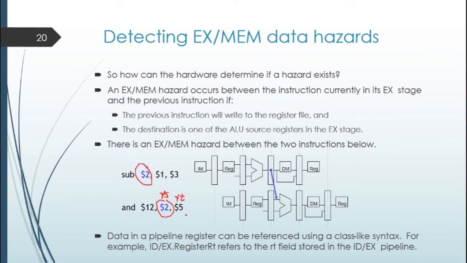Which hazard? It will be either an EX/MEM hazard. An EX/MEM hazard means it is exactly the next instruction: instruction 1 to 2. If instruction number 2 depends on instruction number 1, it is an EX/MEM hazard.